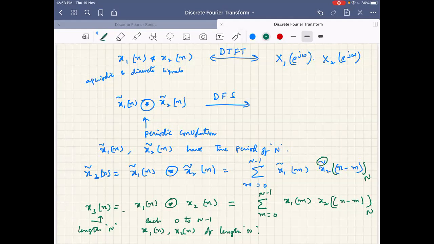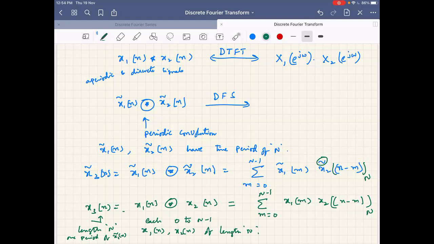In this case, of length n, you can see that this also comes from one period of x tilde of n. Fine, but when we define it like this, it is usually referred to as circular convolution.